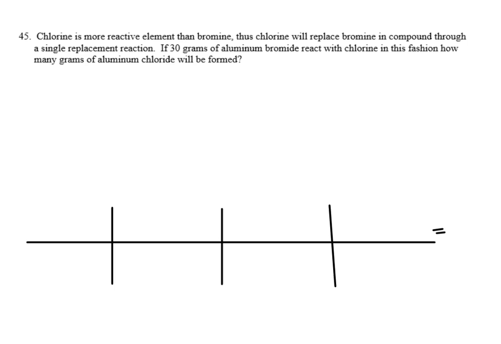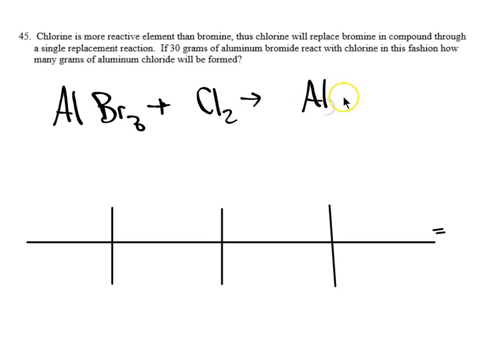All right. Another practice one. I'll do the chem for you. AlBr3 plus, sorry, not goes to, plus Cl2 goes to AlCl3 plus Br2. All right. 3, 2, 3, 2.